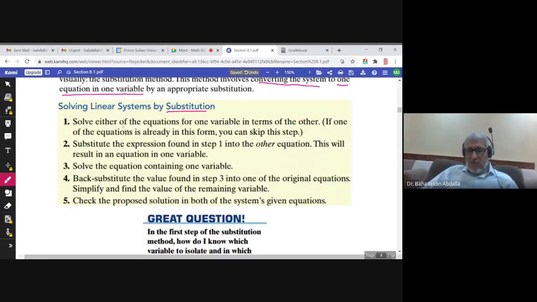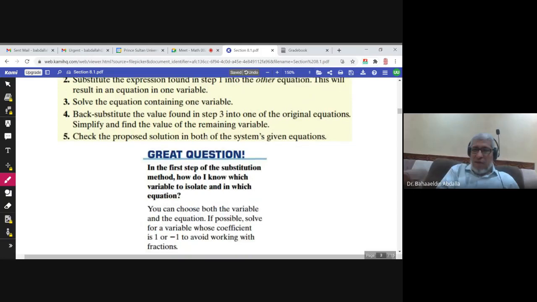These are the steps. You choose one of the equations, either equation 1 or 2, and you solve it for one variable, x or y. If one of the equations is already solved for x or y, then this step can be skipped.